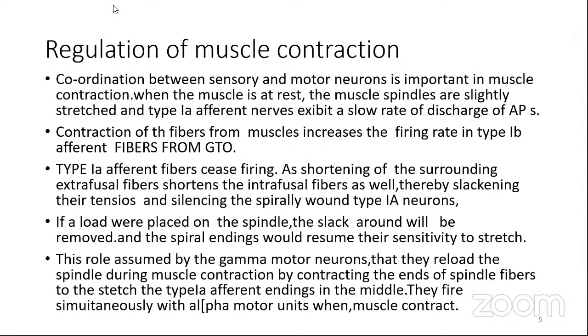So, this Golgi tendon organ, as you know, is arranged in series with the extrafusal muscle fibers. Therefore, when the activity from the 1B endings is increased, and it is connected to the extrafusal fibers through an inhibitory interneuron.